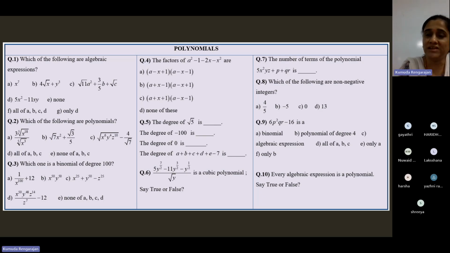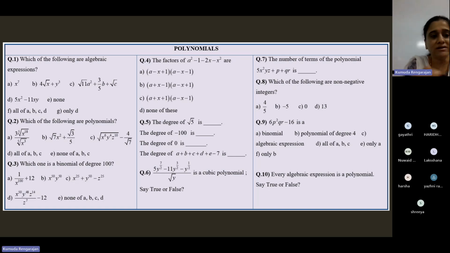A polynomial is an expression in which the variables involved must have non-negative integral powers. So if you have to identify polynomials, you have to check the powers of the variables involved. And the powers everywhere must be whole numbers.